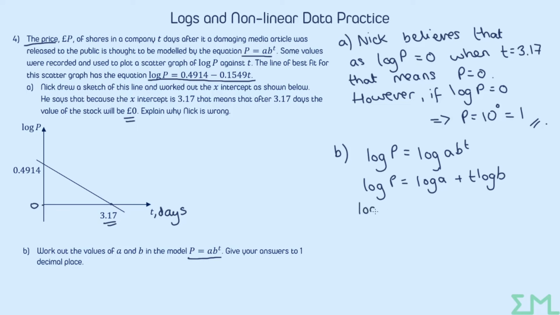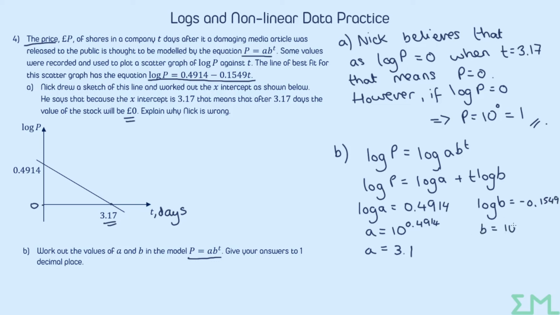So log a equals 0.4914. So a is 10 to the 0.4914, which is 3.1, because it's one decimal place. And then we also have that log b is minus 0.1549.